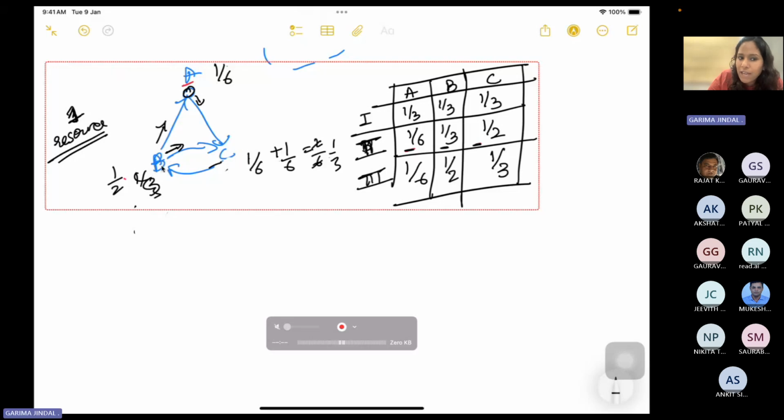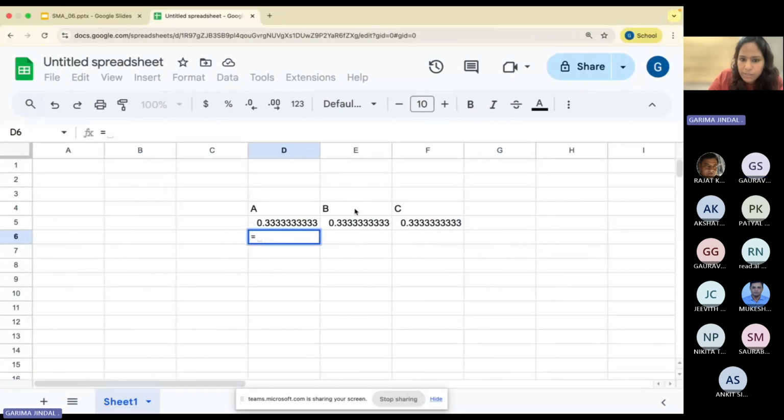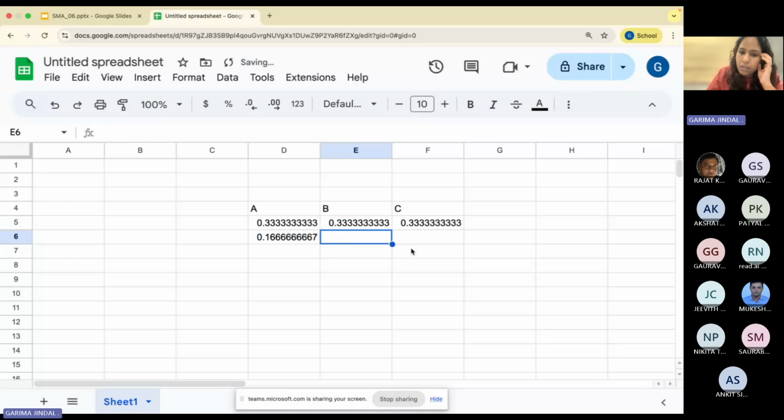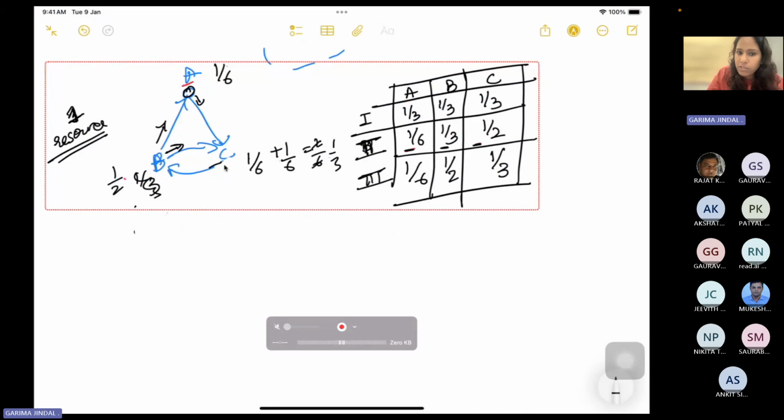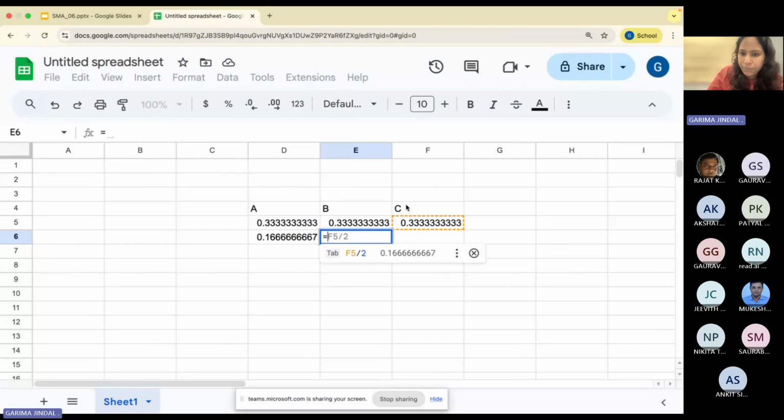The initial value that B had, we had divided it into 2. So A was always getting B divided by 2. Now, what is B getting? B was getting all the resource from C. So this was equal to C.